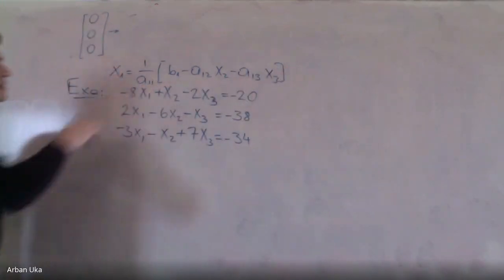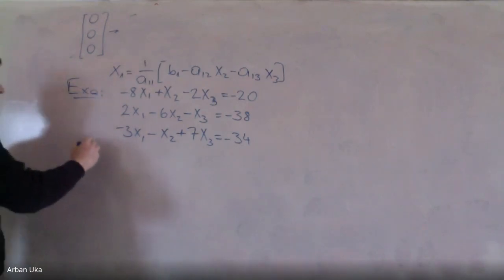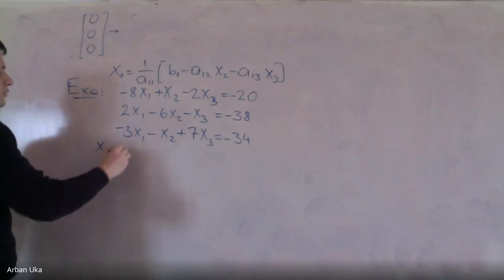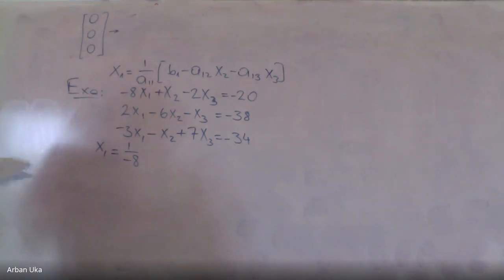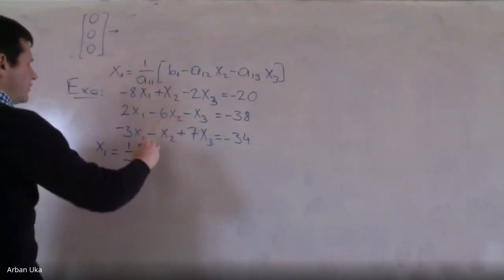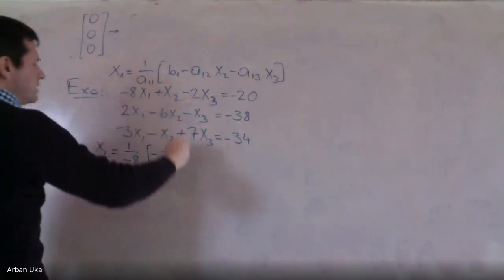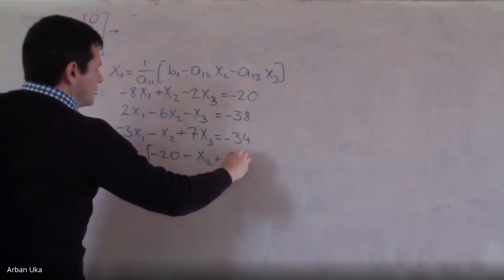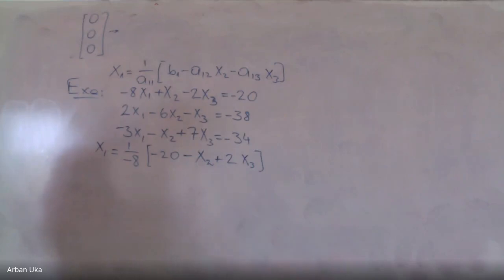This is the general expression, which in this case will be the following: the new value of x1 would be equal to 1 over minus 8, times, if we look at the first equation, minus 20 minus x2 plus 2x3. So this would be the first equation. Now, having this, we are going then to.